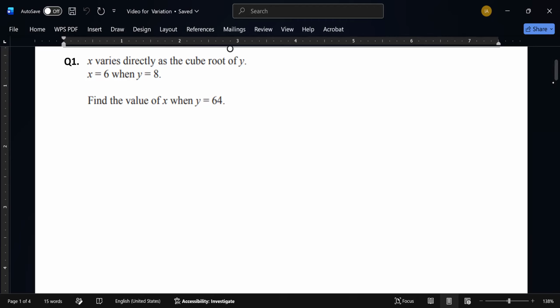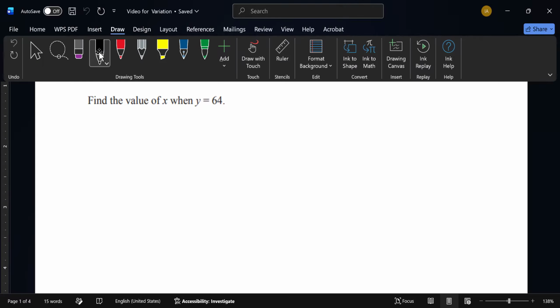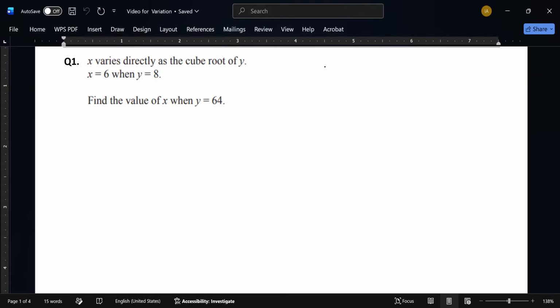X varies directly as the cube root of y. Remember, it's not cube, it says cube root. Let's see how we express it. So x is directly proportional to the cube root of y.